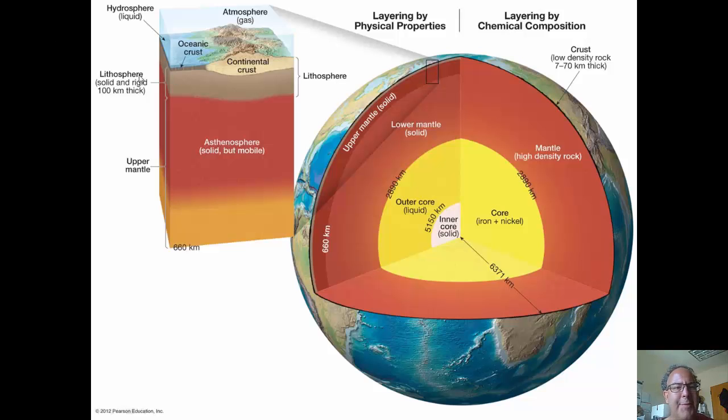The lithosphere, put simply, as shown here, it is the crust, oceanic crust, continental crust, whatever crust it is, the crust and the uppermost part of the mantle together. Crust and uppermost part of the mantle together, that is the lithosphere. It is all of the crust, but just the uppermost part of the mantle.